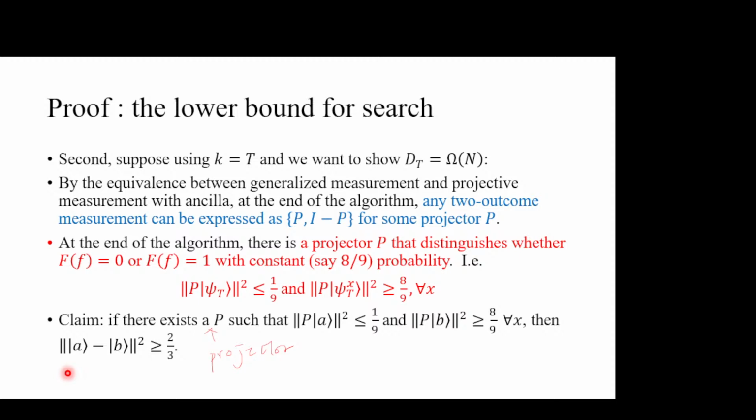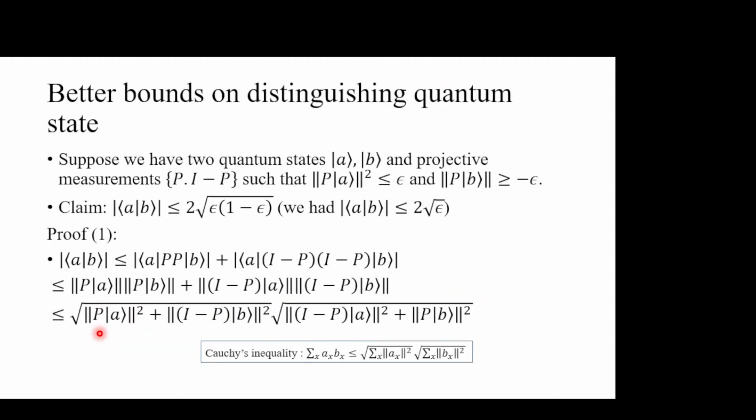This is quantum information theory that's very generic, and we want to get a tighter bound on this. So let's formulate this. Suppose we have two quantum states, and we have a projective measurement P distinguishing those two states pretty nicely.